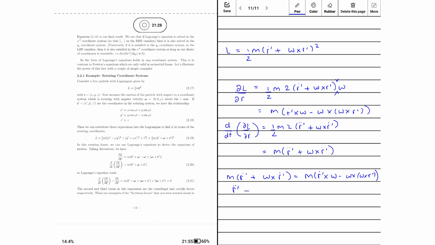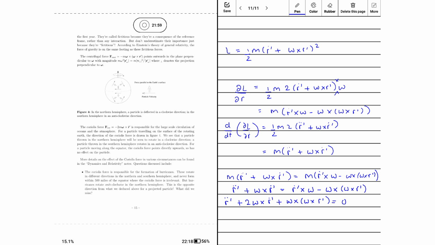Cancel. Now these are opposite, so this becomes twice. If I bring everything to the LHS, it becomes 2 omega cross r dash plus omega cross r dash equals 0.